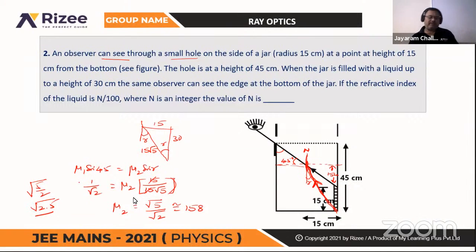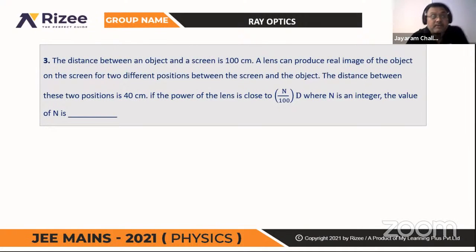Root 2 is 1.414, so it is more than that. So it is 1.58, between 1.55 and 1.6. So this value he has provided as 158 by 100, so your n value has to be 158. Okay. So now this should be the next question, please.